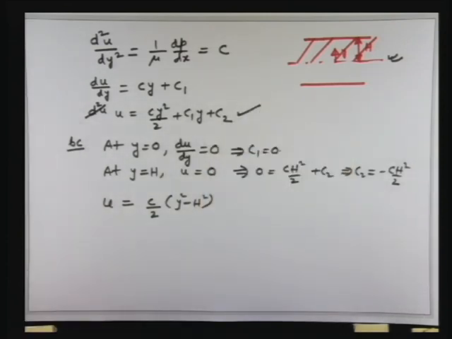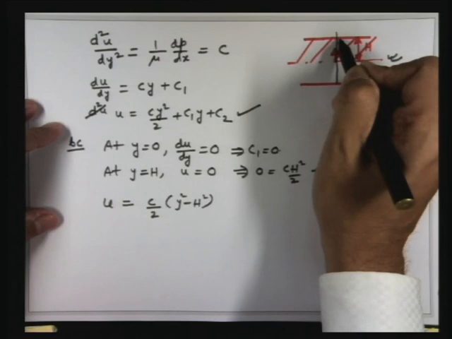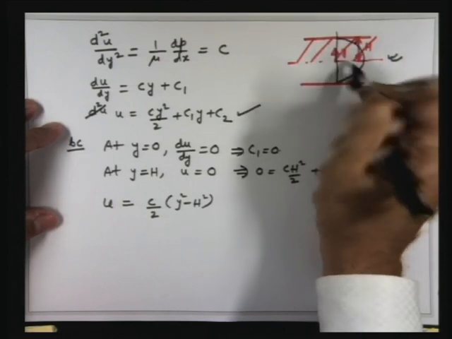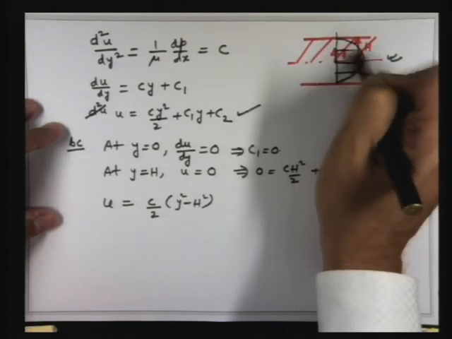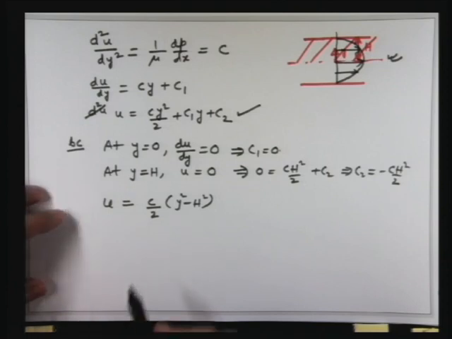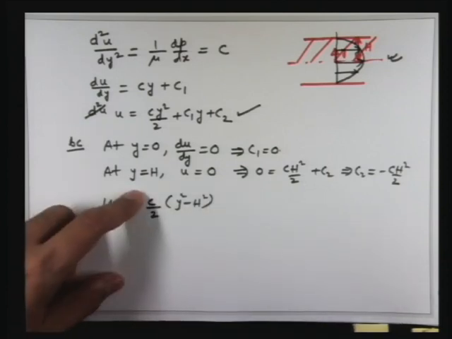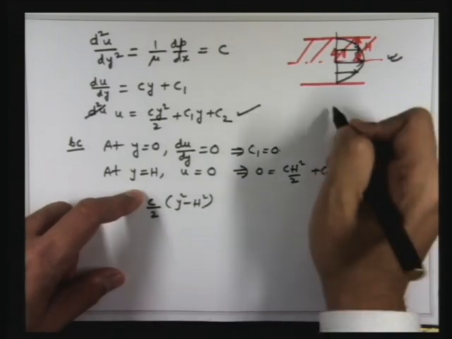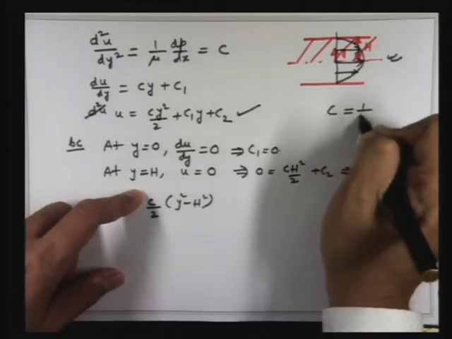So the first observation is that the fully developed velocity profile is parabolic. It varies quadratically with y, so it should look something like this. Parabolic velocity profile. Now this is the velocity profile expressed in terms of dp dx, because c is equal to 1 by mu dp dx.